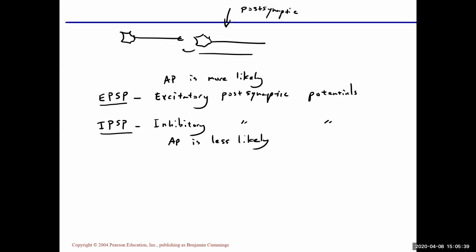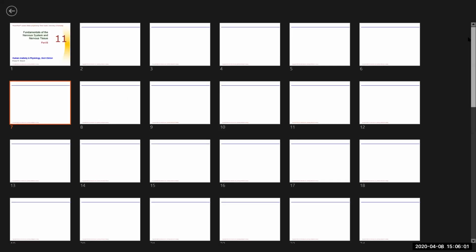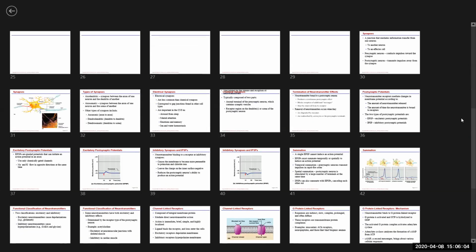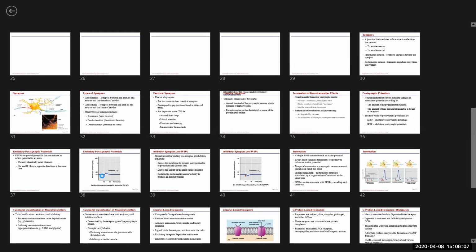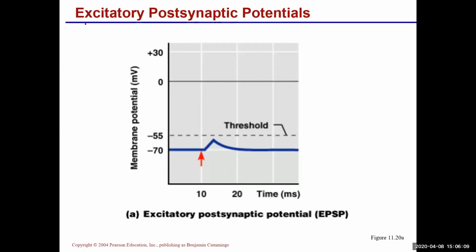Again, if you put your voltage meter and take a look at a signal that, let's say, is excitatory, maybe we can look at this in greater detail. Okay, so let's go ahead and take a look. All right. So here is the excitatory postsynaptic potential. And this red arrow indicates that the signal has been sent.